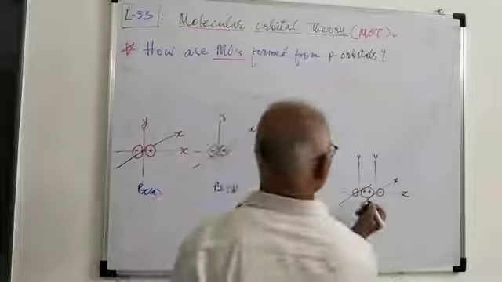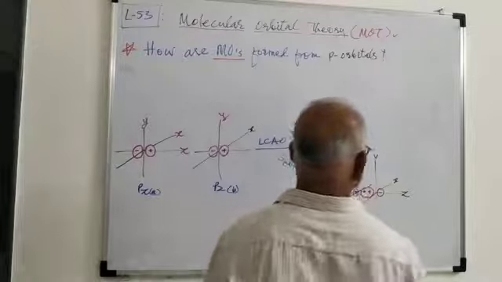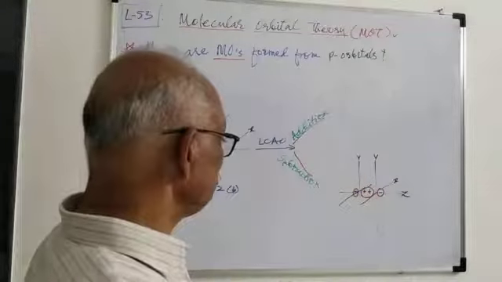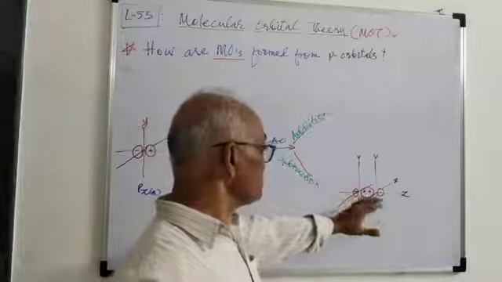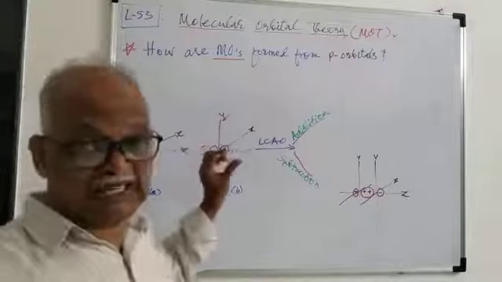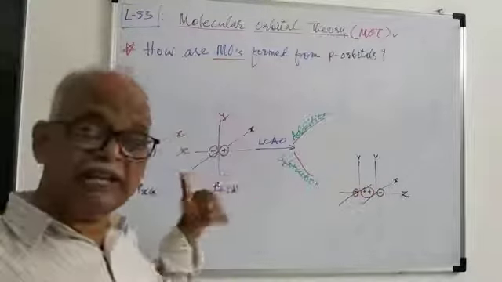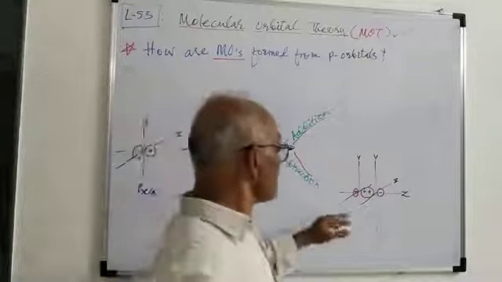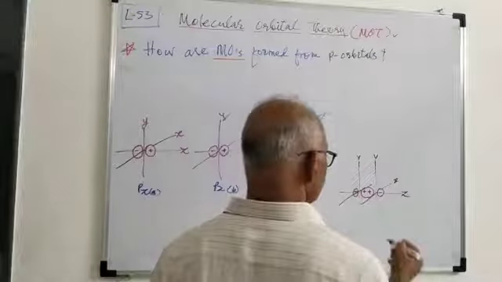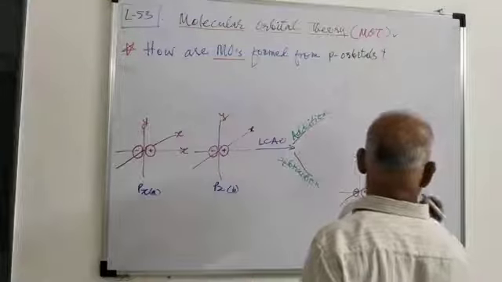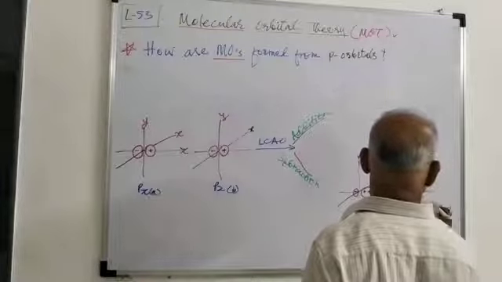So this will also have a minus sign of wave function. This is obtained because of subtraction type of addition, that is linear combination, and this will give us the nature of molecular orbital called sigma.